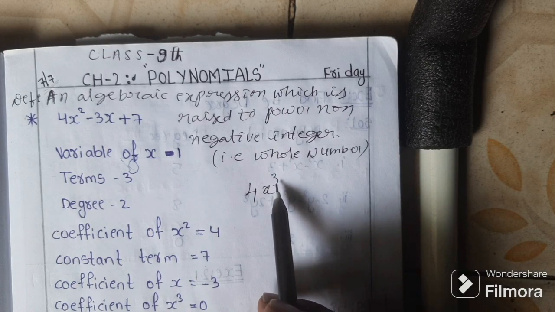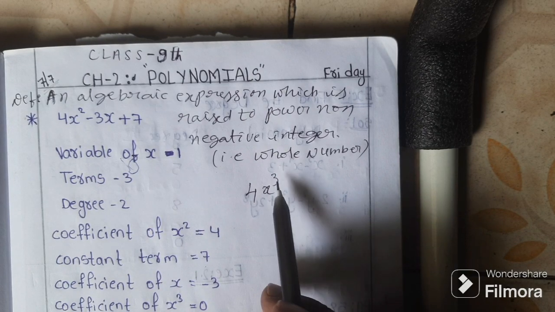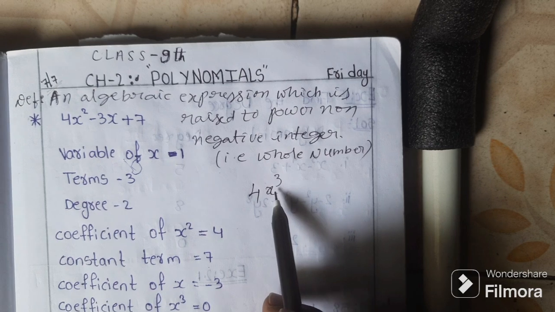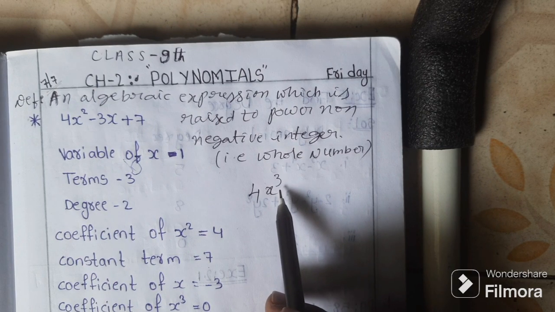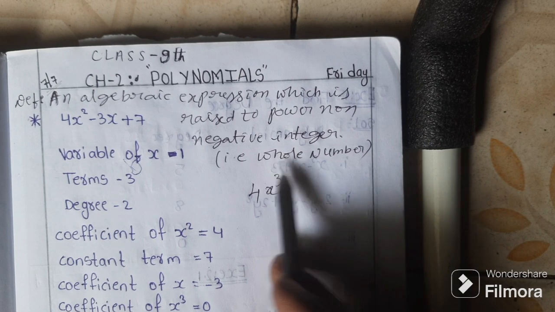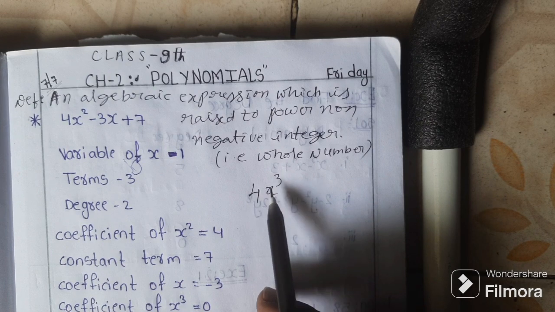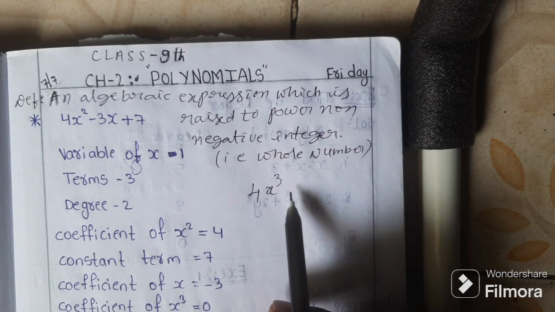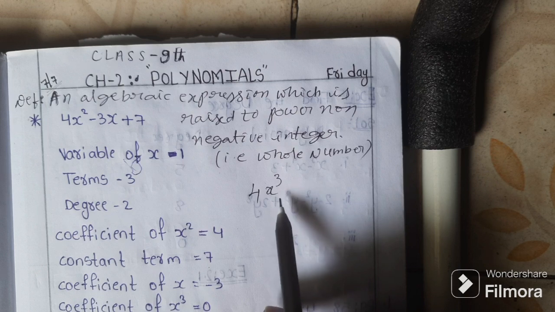Here the highest power of x, or exponent or index, is 3. That is called degree. 0 onwards numbers will be given. That is whole numbers, but negative numbers we should not keep. If negative numbers are kept, that will be a multinomial, not a polynomial. I think you understood that.